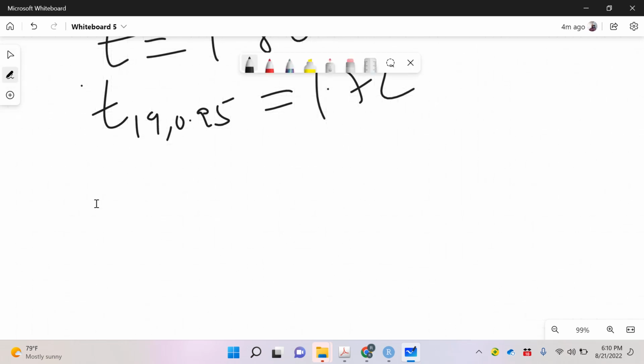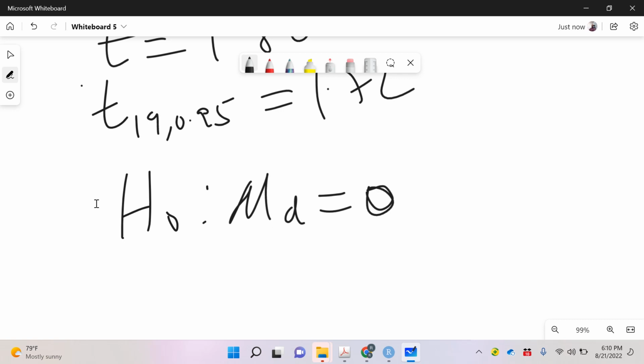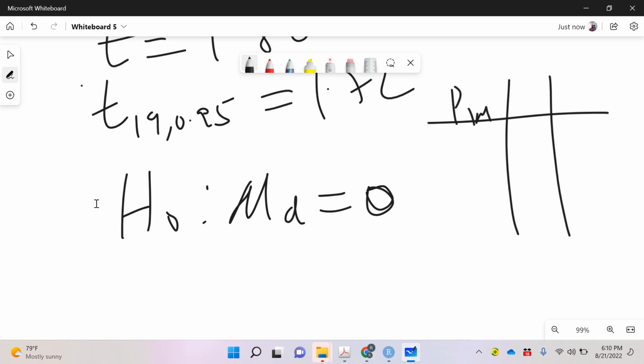differential classes, we have our H naught. We will have mu d equal to 0. What is mu d? We have a pre-weight and then post. If you take the first person, this is the person's weight before, and maybe this is after.